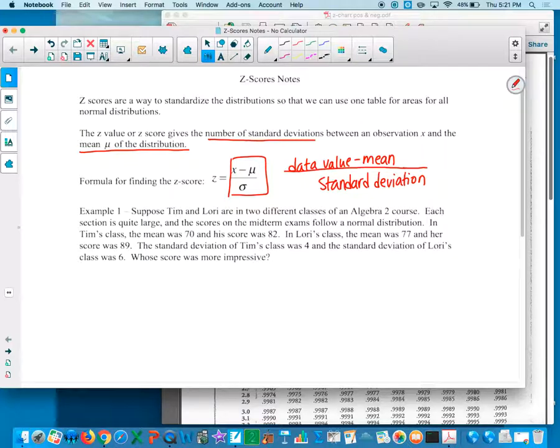So if we want to calculate his z-score with his standard deviation of 4, we're going to do 82 minus 70 divided by 4. So that means that Tim's score is 3 standard deviations away from the mean.